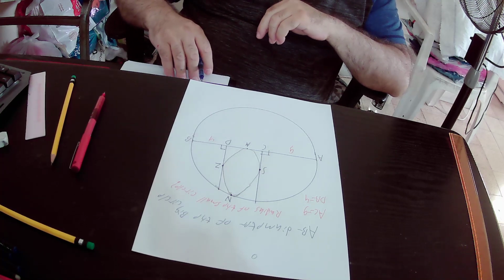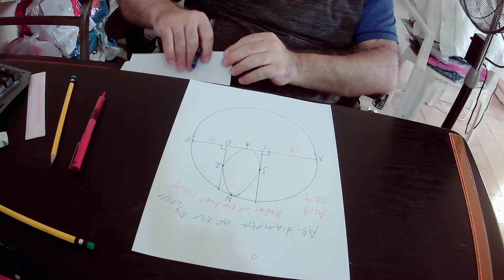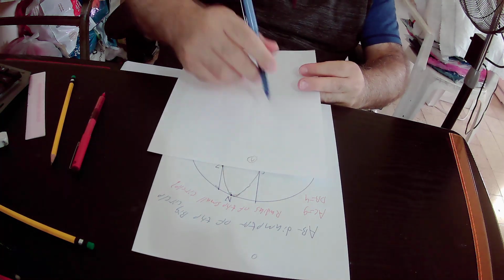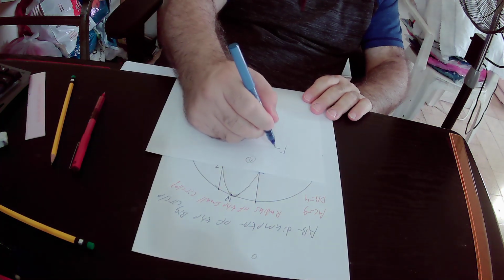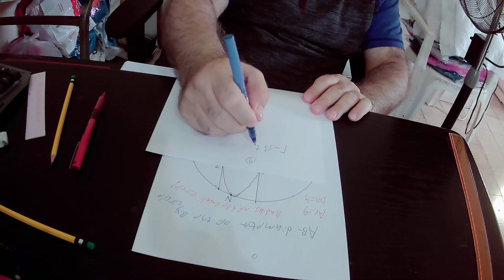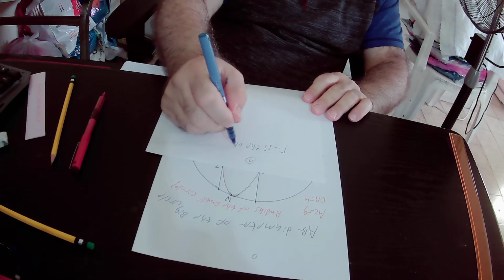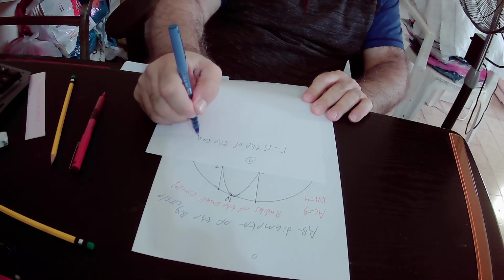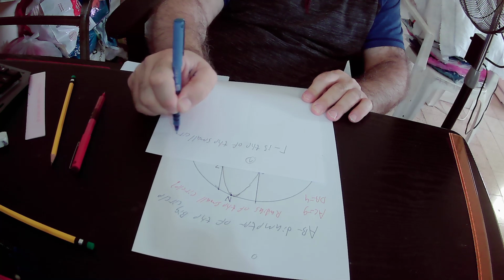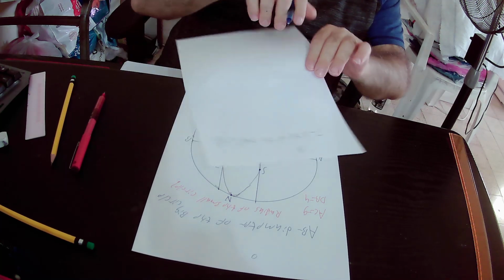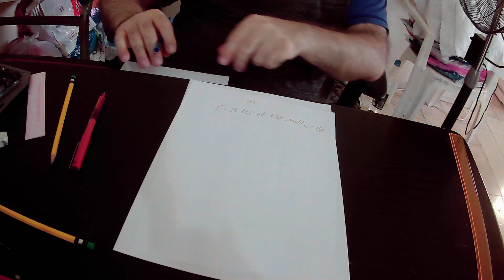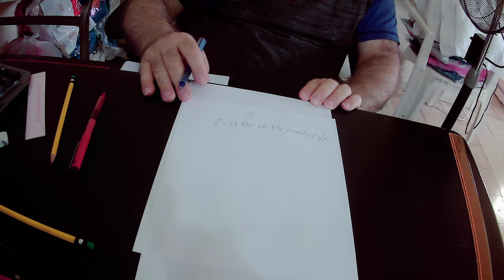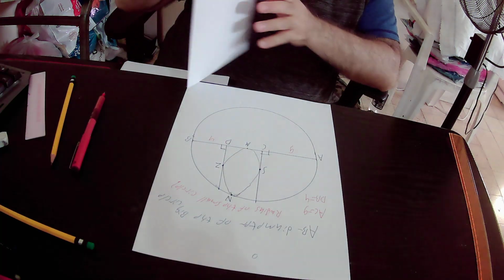In the next step, we will define the radius of the small circle as R, or small r. Small r is the radius of the small circle, and let's define capital R as the radius of the big circle.